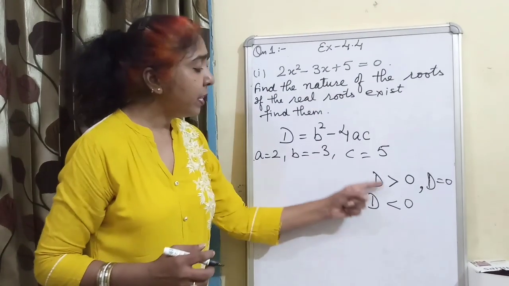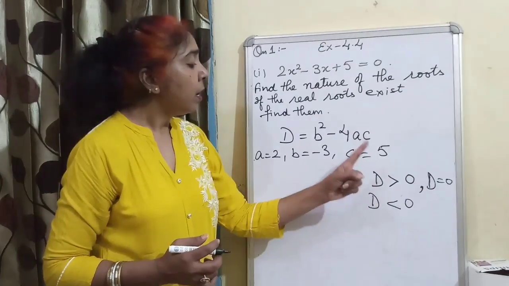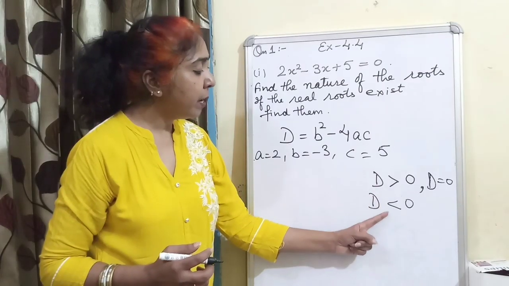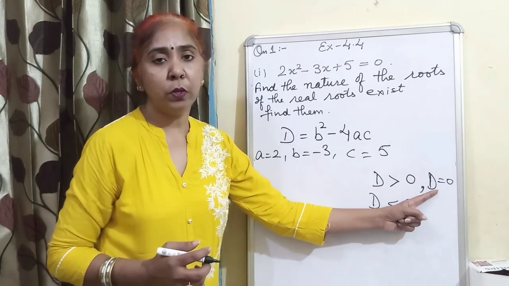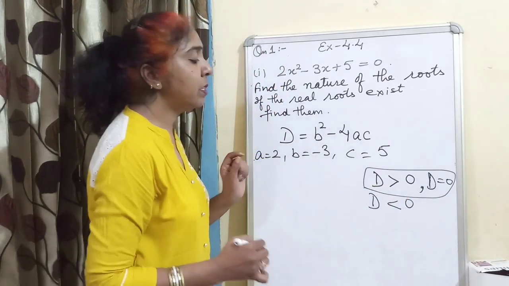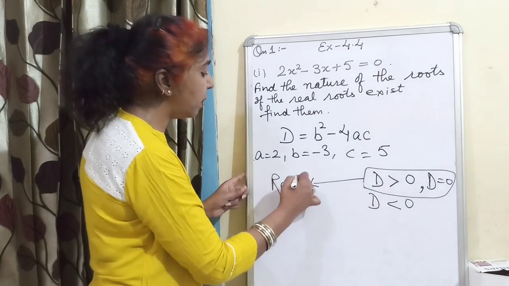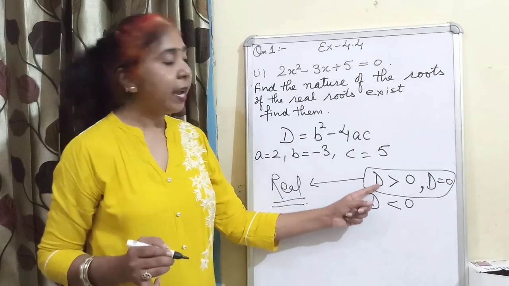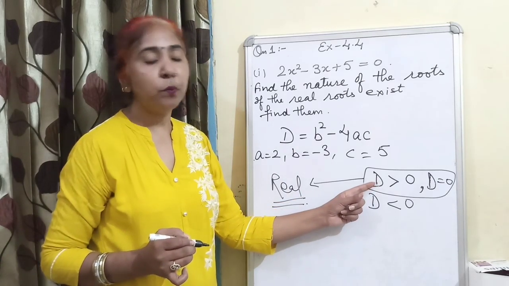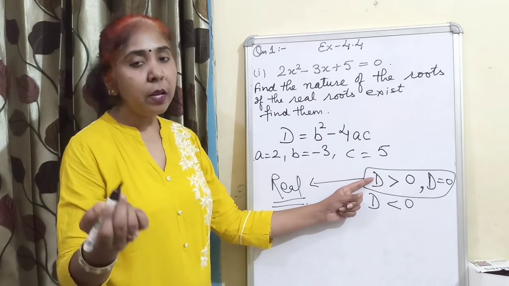These three conditions will arise here. In the cases of D greater than 0 and D equal to 0, the roots are always real. That means this D helps us find out whether the roots are real or not.